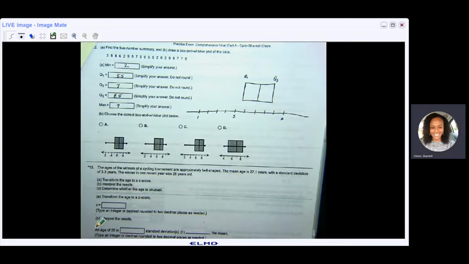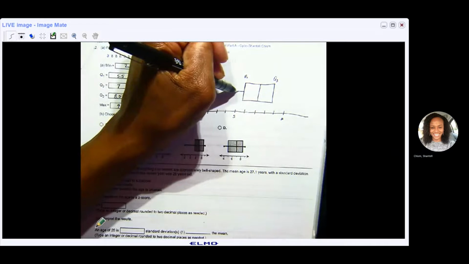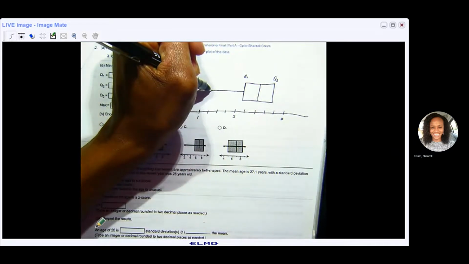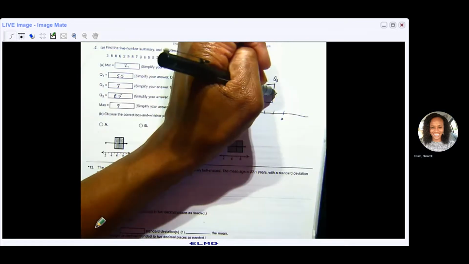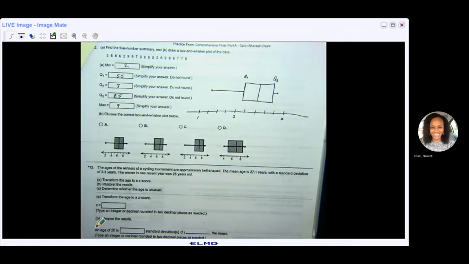And then your whiskers extend from Q1 to your minimum and Q3 to your max. Okay? So just look carefully at where the values start and stop.